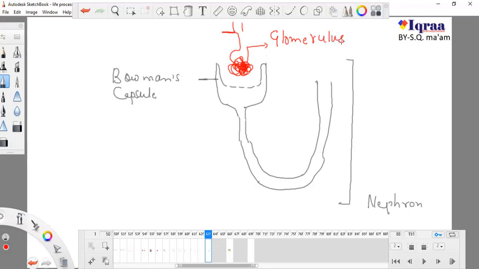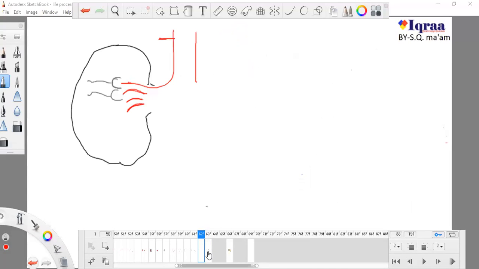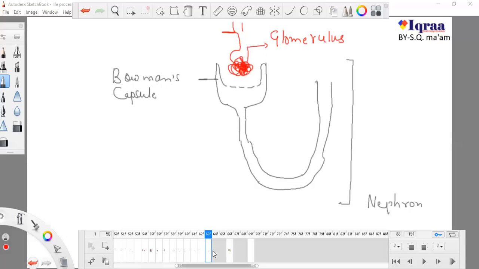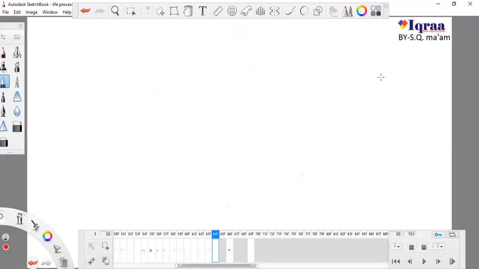Glomerulus. Okay, as the blood is coming, you know what things are contained by blood. There are so many things present in blood.